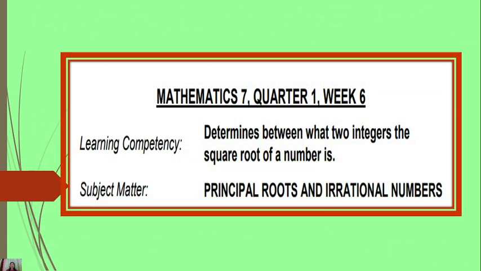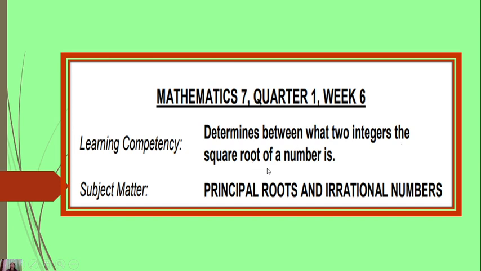So, we are now in week number 6, set 2. So, you are going to determine between what 2 integers the square root of a number is. So, dito sa ating lesson, ang pag-aaralan natin are irrational numbers. So, determine between 2 integers the square root of a number is.